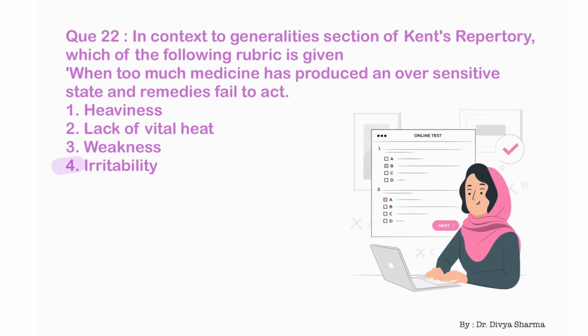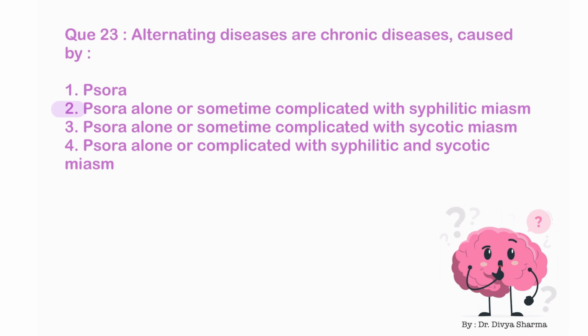Question number 22. In context to the generalities section of Kent's repertory, which of the following rubrics is given for when too much medicine has produced an oversensitive state and remedies fail to act? The correct option is option 4, irritability. Question number 23.